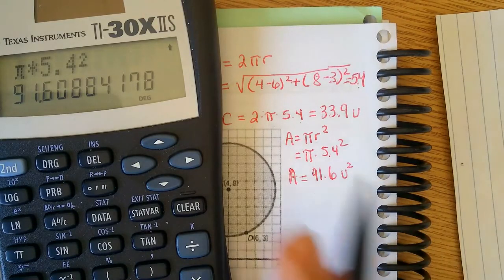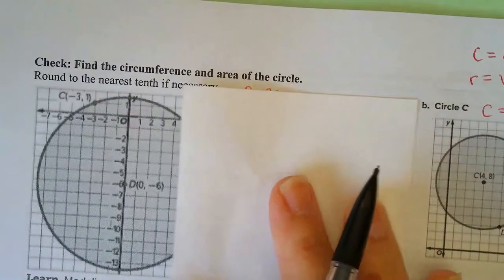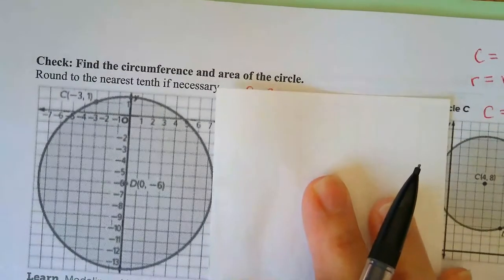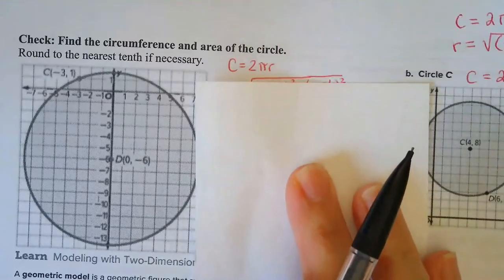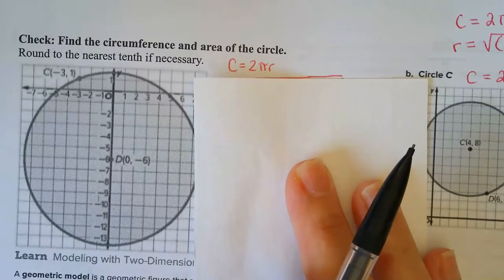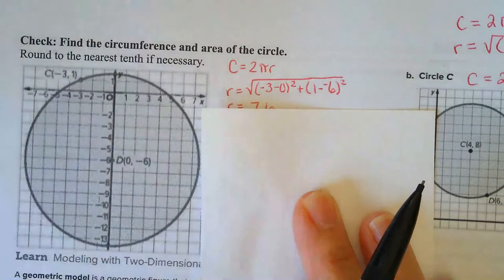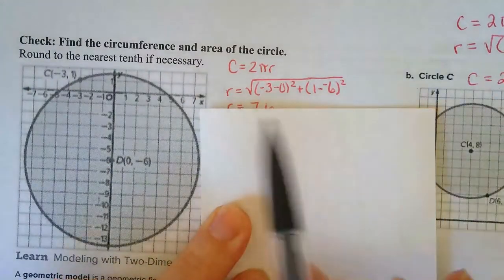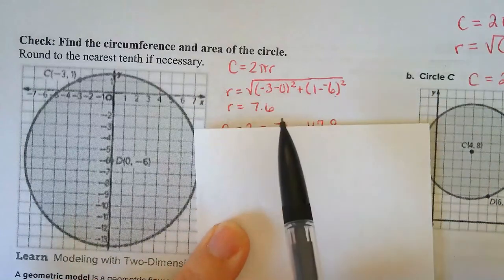You're going to pause the video and try the check question, which is the circle to the left over here. So over here, you should be doing the exact same process we just did on letter B. You need to find the circumference, so use the correct formula. I need the radius, so I need to know the distance between these 2 points. So I grouped my x's together, so -3 and 0, my y's together, and I got 7.6.